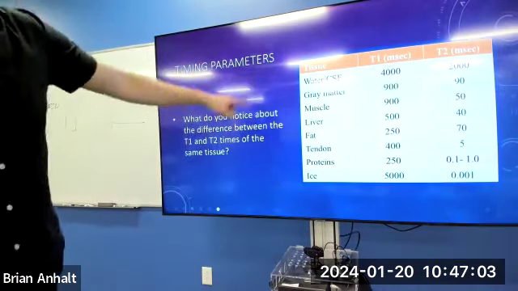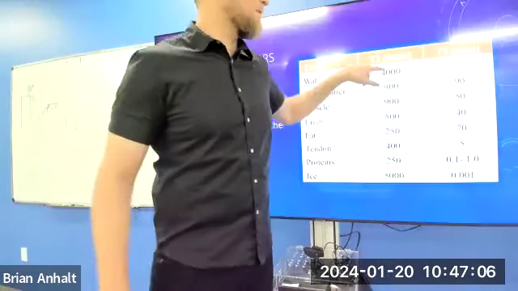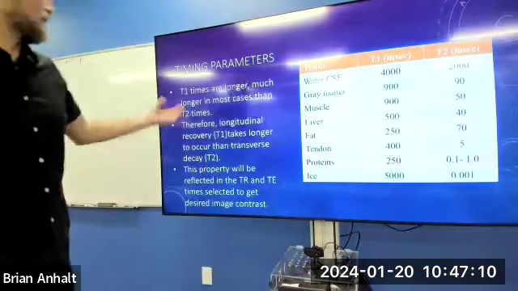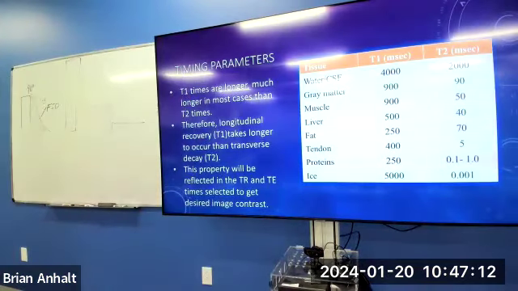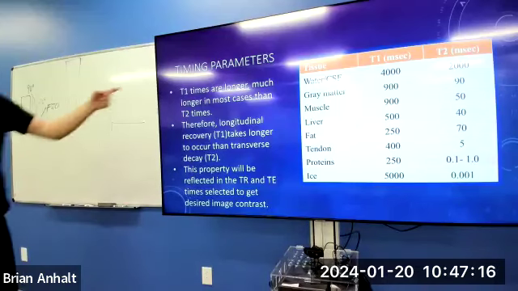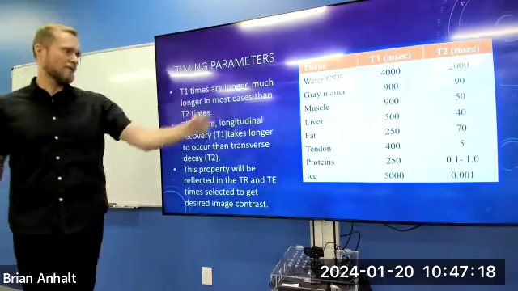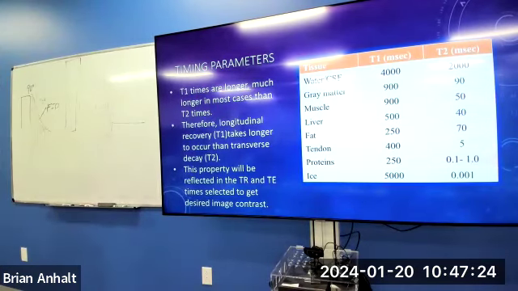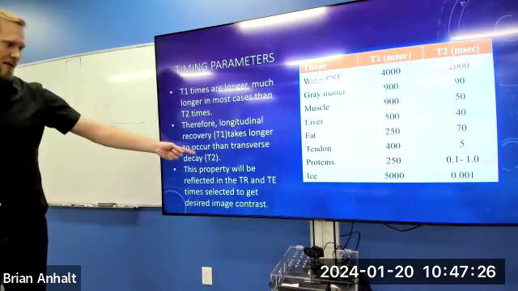We'll go over this more. But the reason I want to show you T2 and T1 are different, right? T2 happens much quicker than T1, because you will see these reflected in your TR and TE times. T1 times are longer, much longer in most cases than T2 times, right? Meaning T2 decay happens much faster than longitudinal recovery, as it says right here.